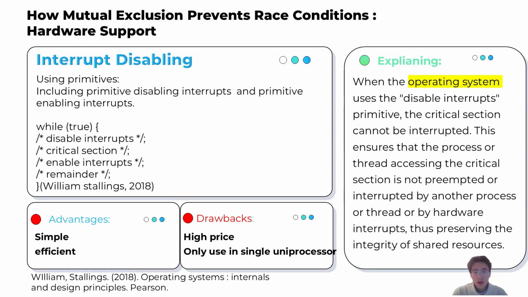When the operating system uses the disable interrupts primitive, the critical section cannot be interrupted. That's very important. The advantage is that it is very simple and efficient, but it creates a high price, and it can only be used in a single processor.